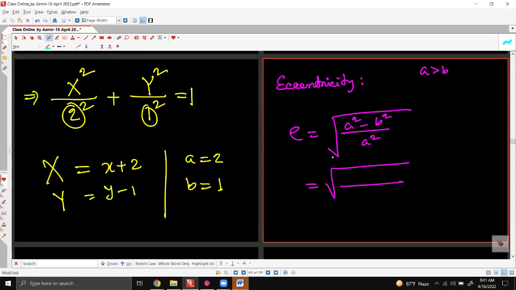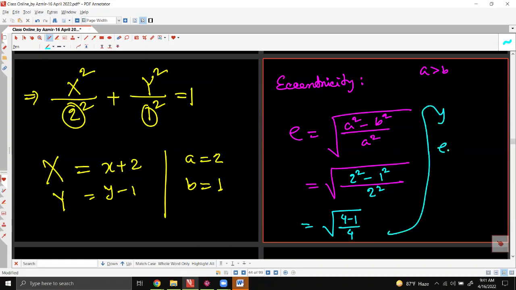So a is 2, that means 2 squared minus 1 squared over 2 squared. So we are getting 4 minus 1 over 4. That means e equals square root of 3 over 4. So e equals square root of 3 over 2. So this is e.